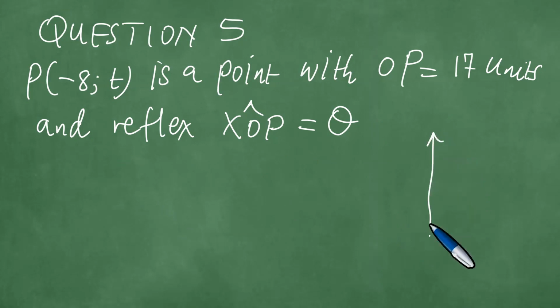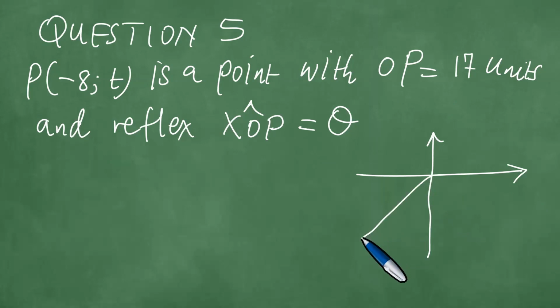So if you have this here, right, so you have P with coordinates minus 8 and t, 17.